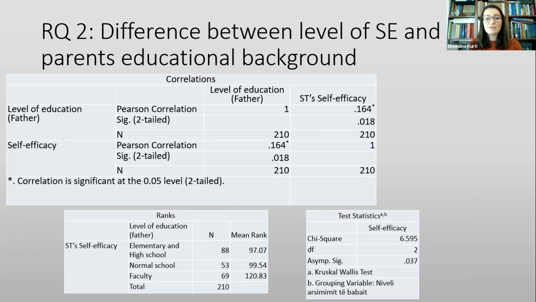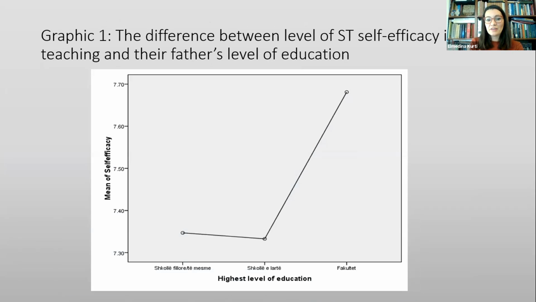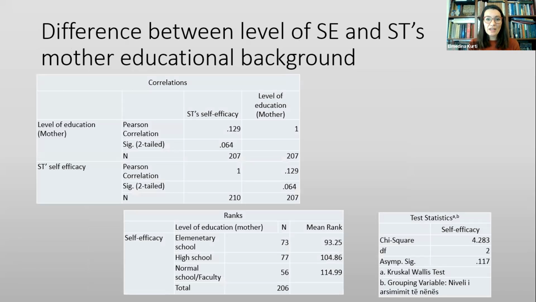We see that for those parents, or fathers in this case, who finished the faculty, the student teachers have higher self-efficacy beliefs. In this graphic, you see how it increased when the fathers have finished the faculty.